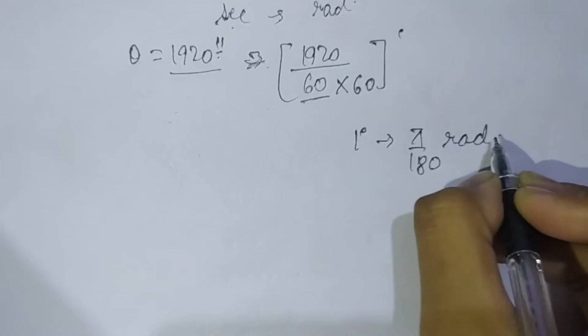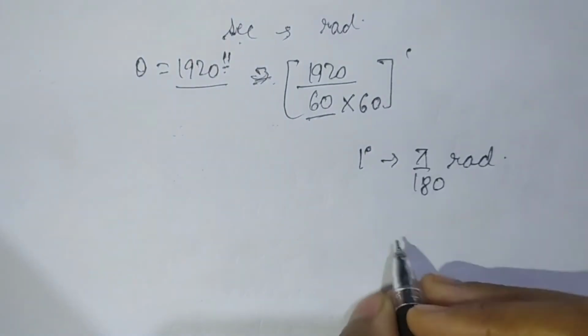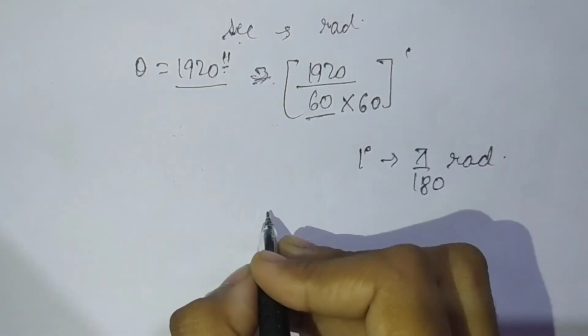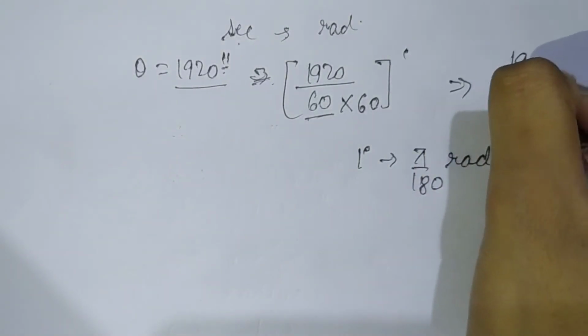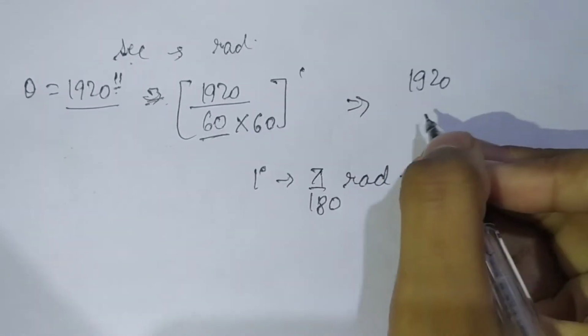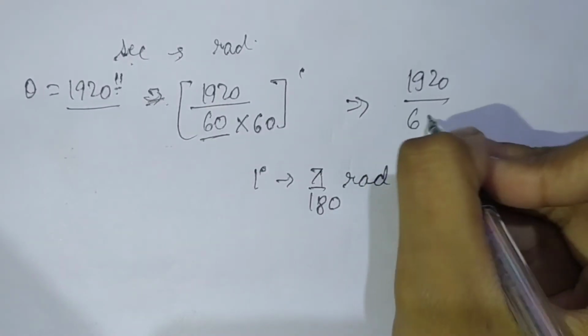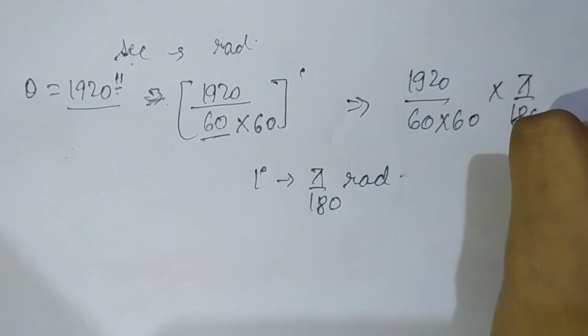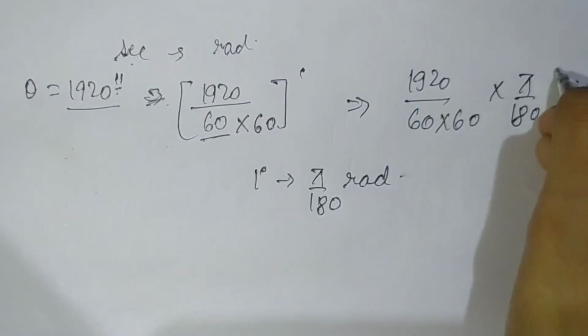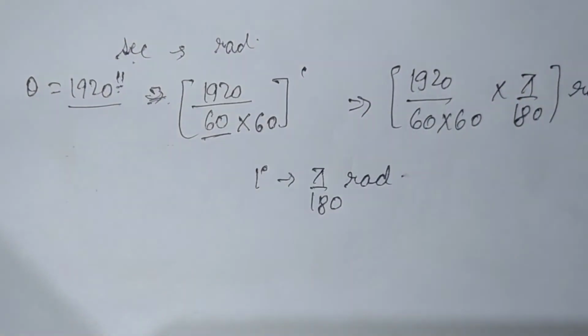So to convert into radians, we take 1920 divided by 60, divided by 60, into pi by 180. Now this whole will be in radians.